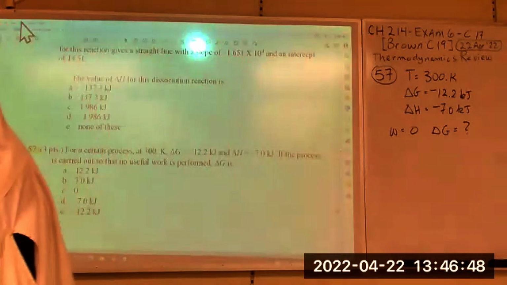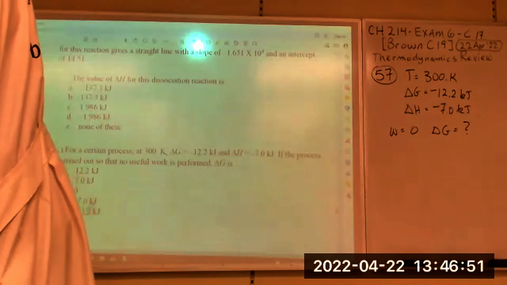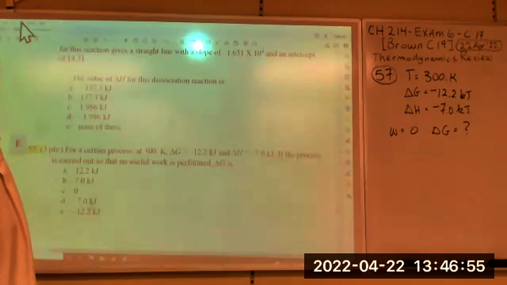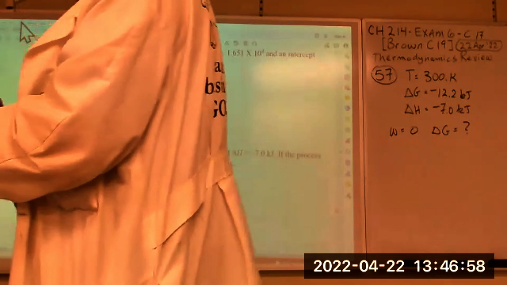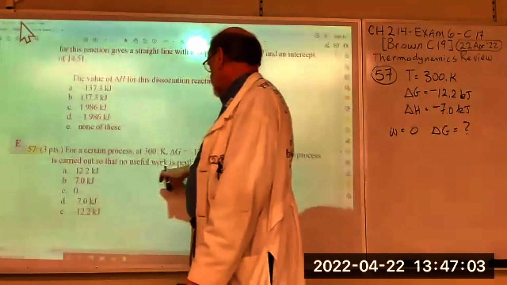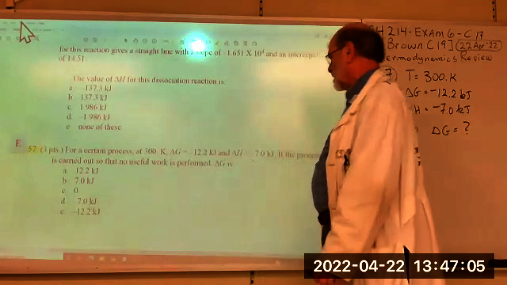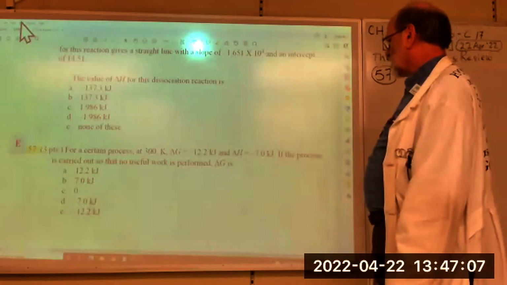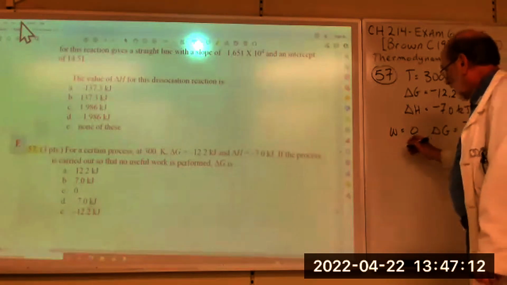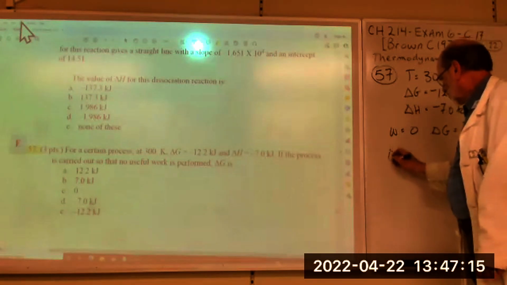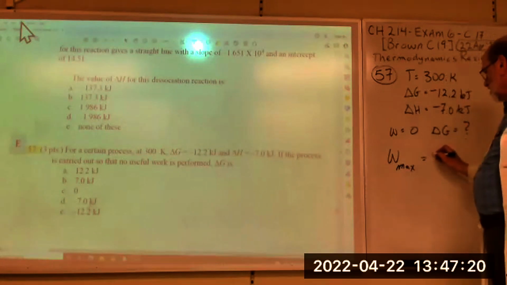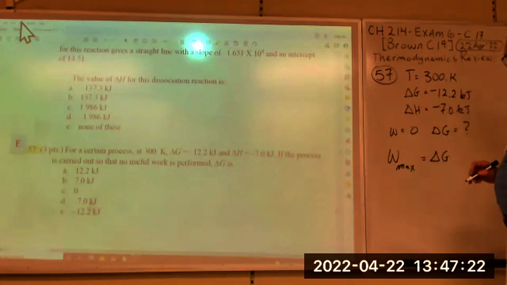Put my thinking cap on here. Oh, yeah. If the process is carried out so that no useful work is performed, delta G is. Actually, that doesn't matter because the maximum available work is related to delta G, that formula.